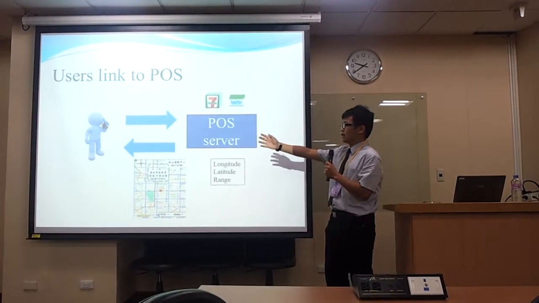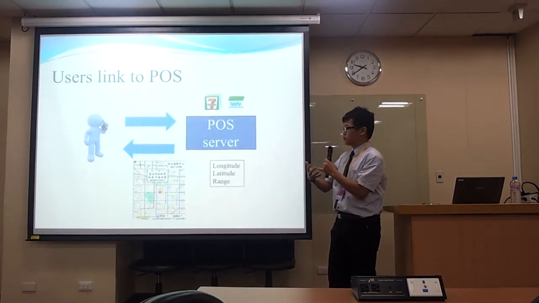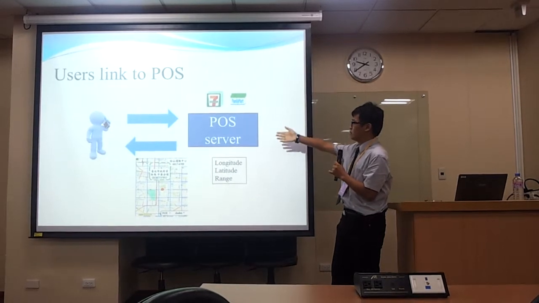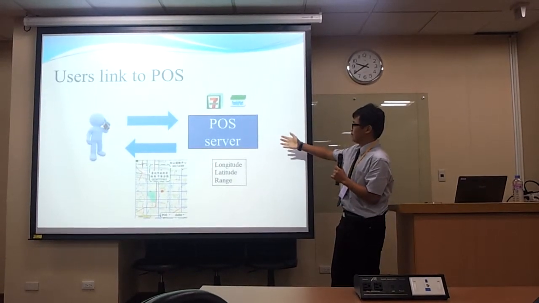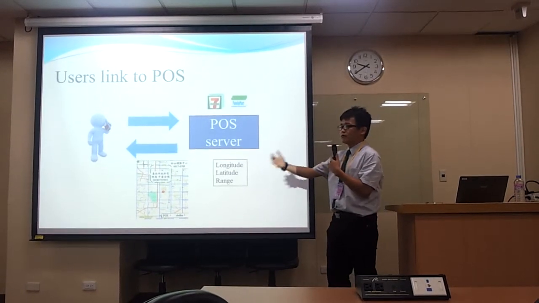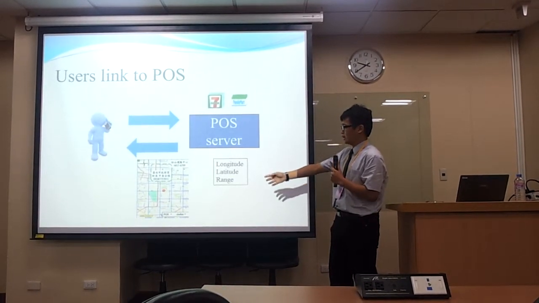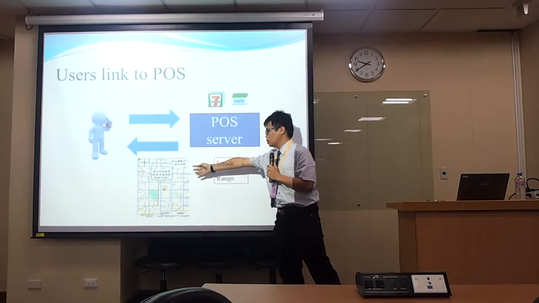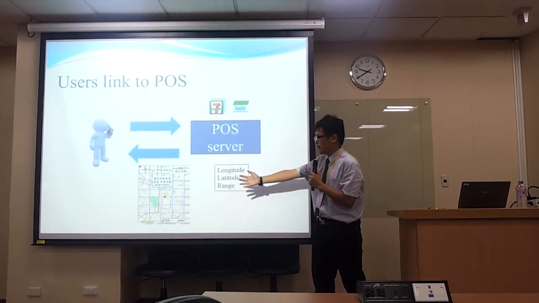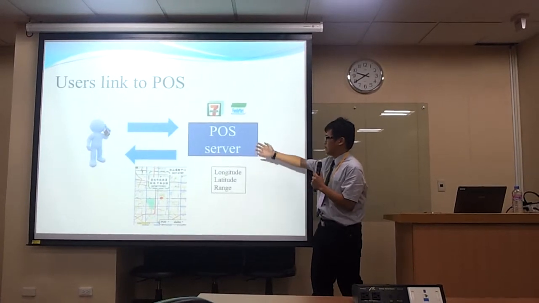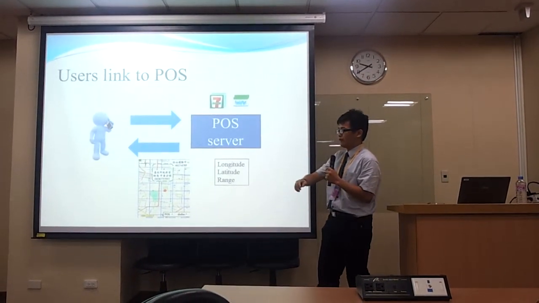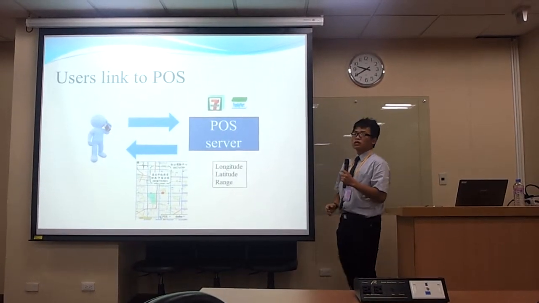If users use a mobile device linked to the POS server, the POS server will give the relative information, showing the shelters and the map, according to the POS longitude and latitude, and the range will be set previously.